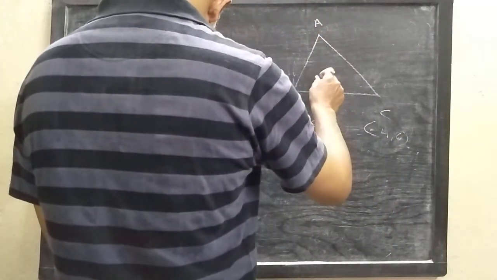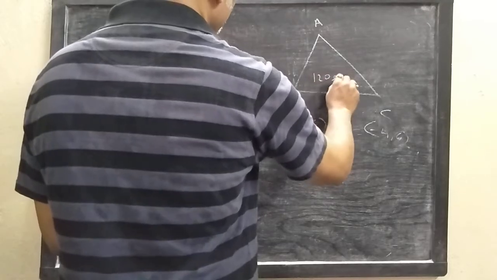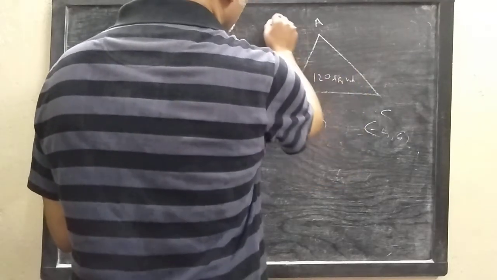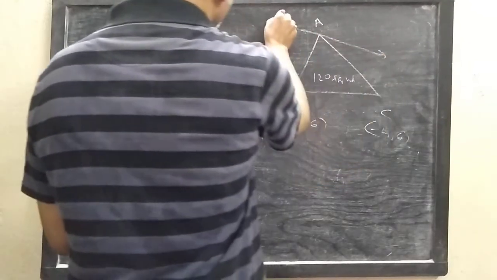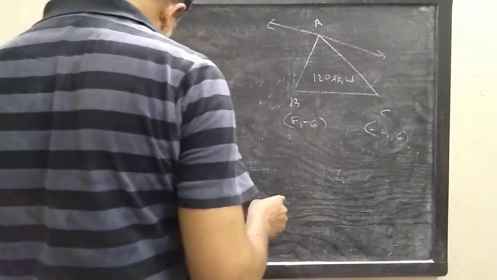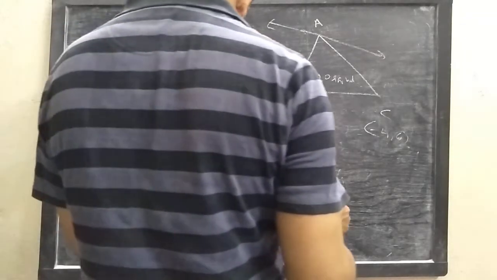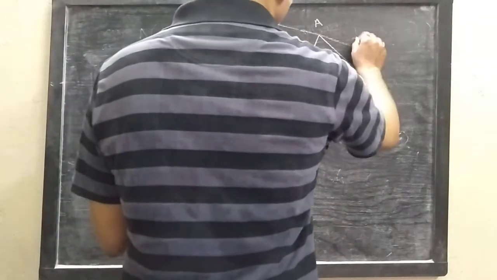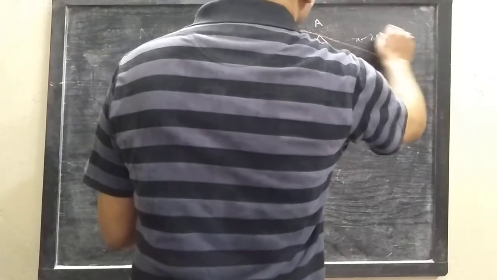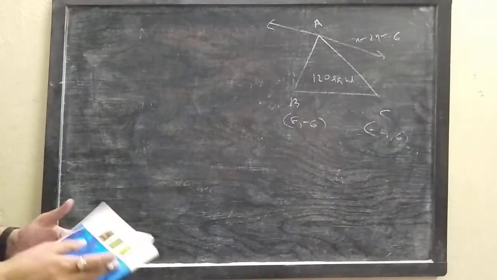The area of this triangle is 120 square units. And the third vertex lies on a straight line which is given to be x minus 2y equals 6.